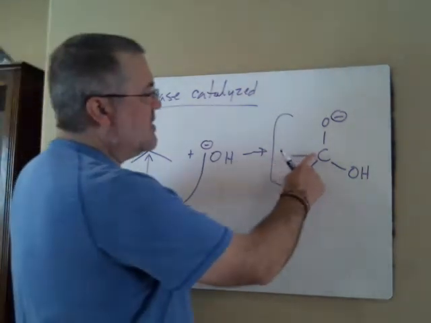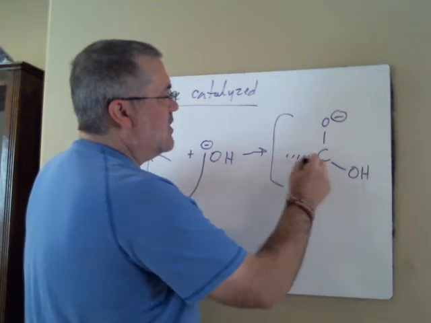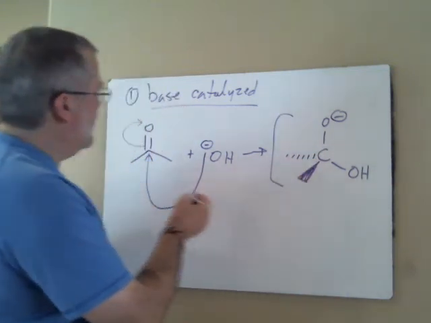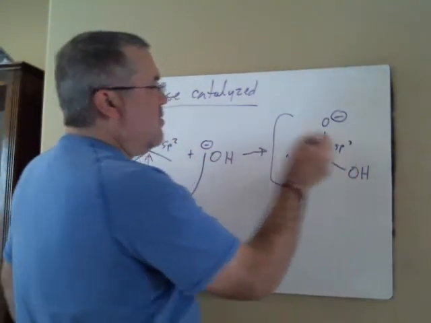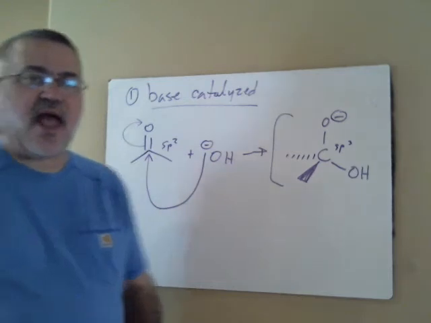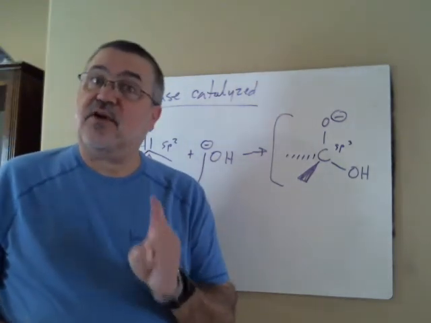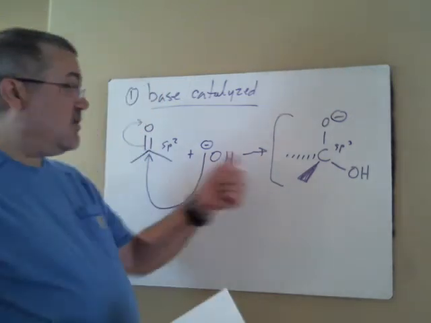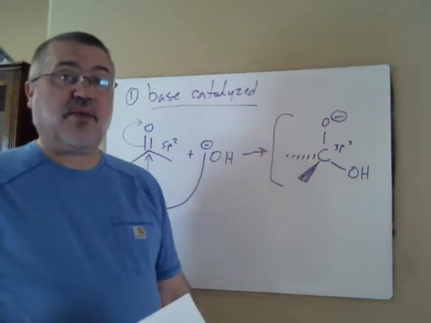And so maybe the best way of showing it is to actually put in three-dimensionality, because remember, we go from sp2 hybridized carbon to sp3. We're forming a tetrahedral intermediate. Every nucleophilic addition reaction and every nucleophilic substitution reaction, when we get to that, is going to go through the same darn tetrahedral intermediate.